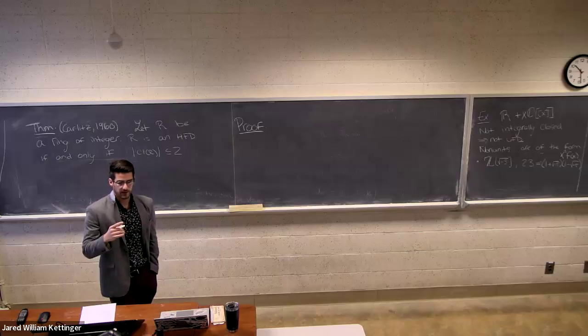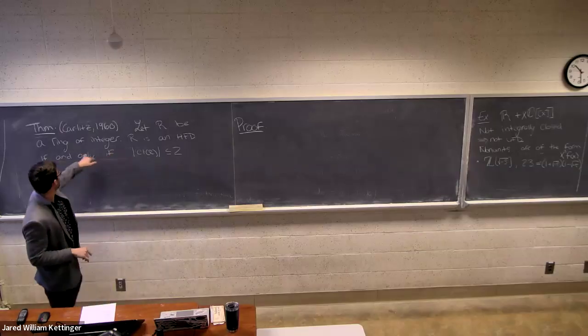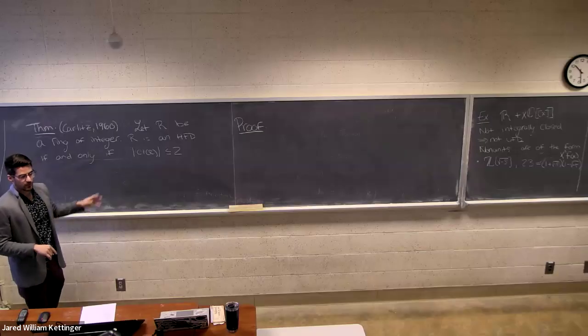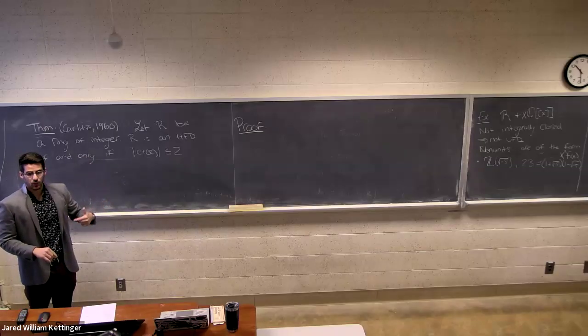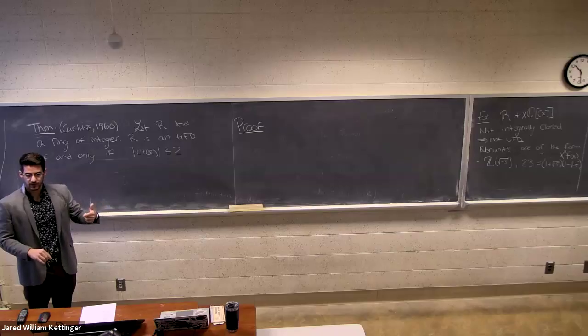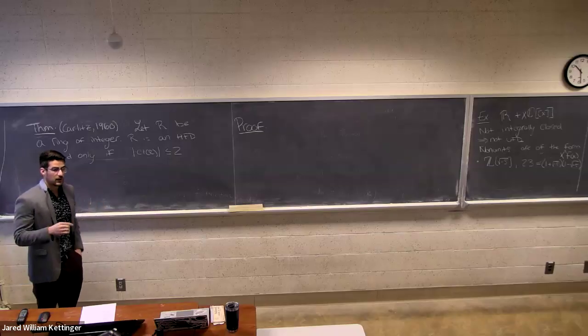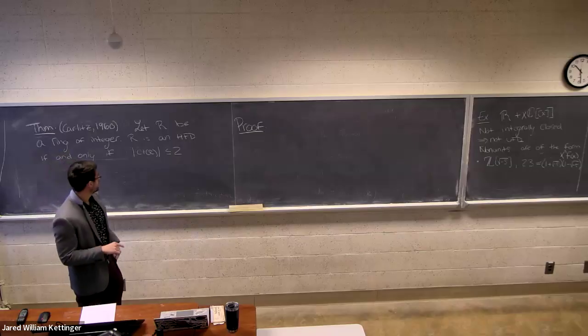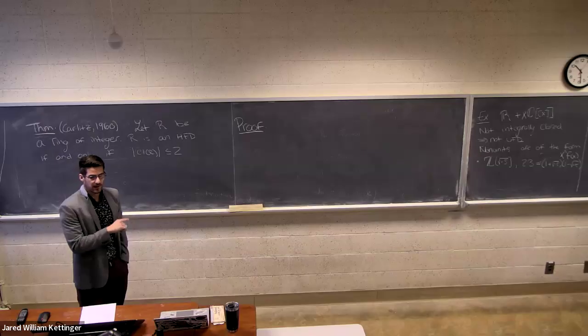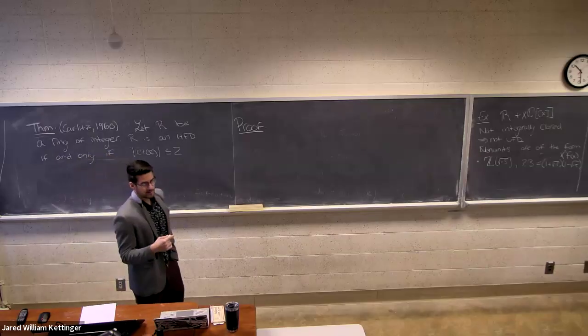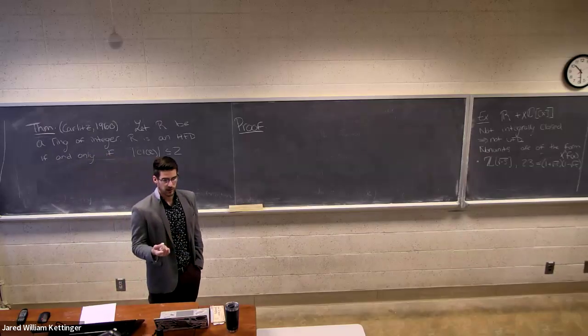And then the other thing, why do I assume that it's a ring of integers, or why did Carlitz assume this instead of just a Dedekind domain? Well, last week you talked about a very important characteristic of rings of integers, which is that every ideal class contains a prime.